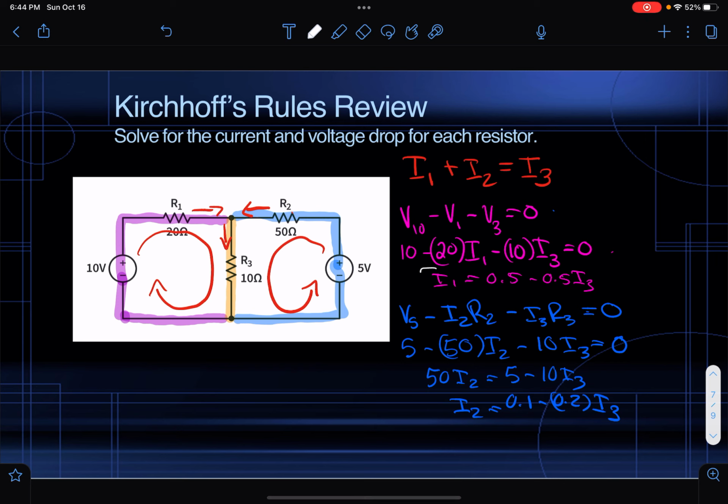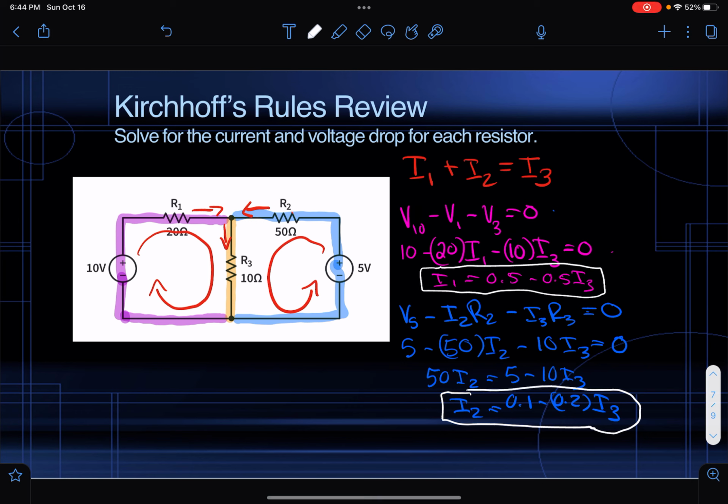So now I know this is what I1 will equal, and this is what I2 equals. I'm going to plug those into this equation for I1 and I2, and then we're left with all I3s. I'm going to do that over here in white.